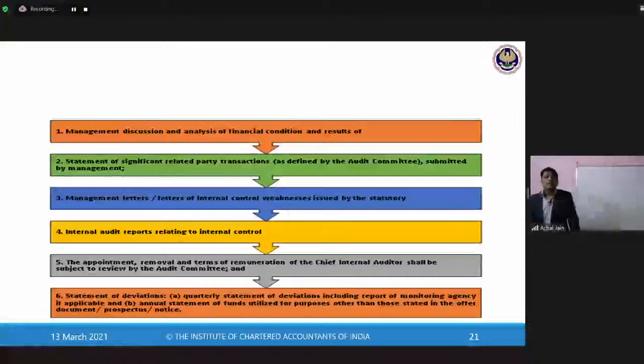First, MD&A document. MD&A, if you remember, is about the management discussion and analysis in relation to the financial information. That is MD&A. Correct? That is MD&A. Okay. Now this is something which is required to be reviewed by the audit committee.